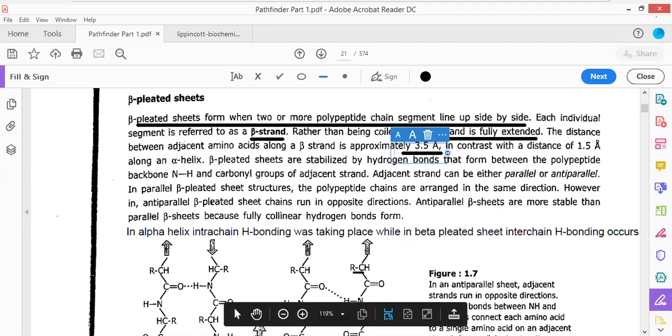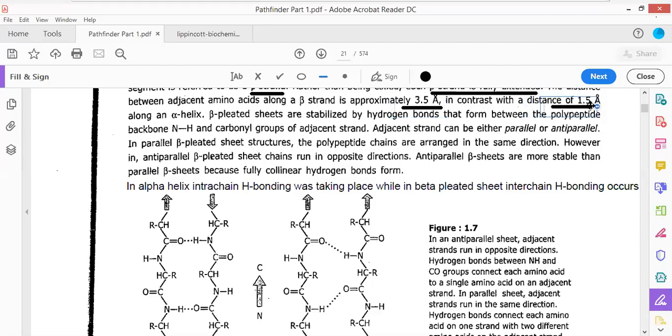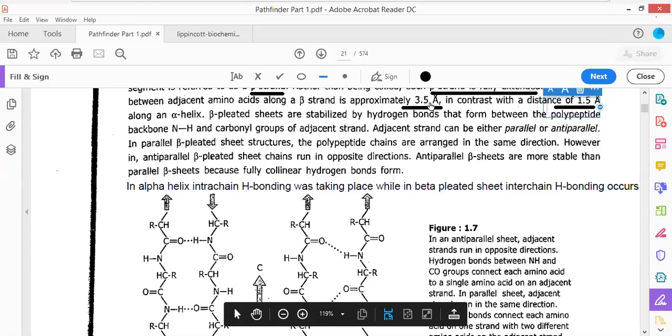Okay, so if there is one amino acid and another amino acid present below, then the two amino acids will be separated by 3.5 angstrom. In contrast, the distance between two amino acids in the alpha helix is approximately 1.5 angstrom.